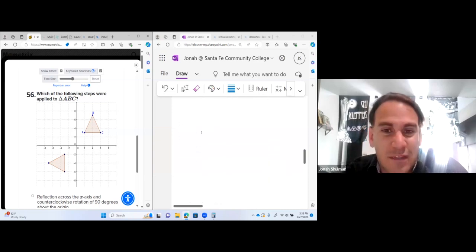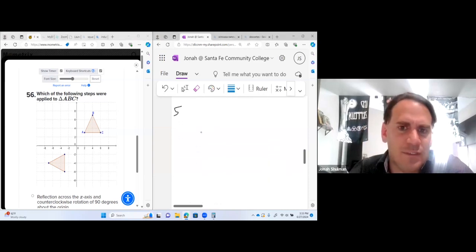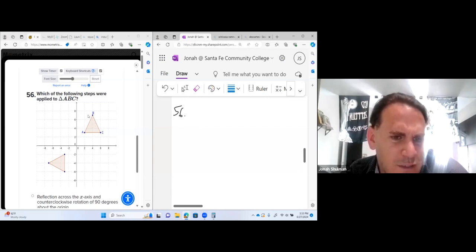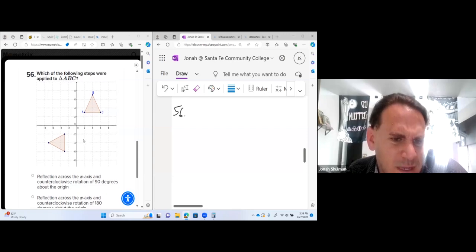I don't really feel like writing them all out. All right, let's try 56. Which of the following steps were applied to ABC? Well, we could reflect across the x-axis, so then it's pretty much here, but upside down.